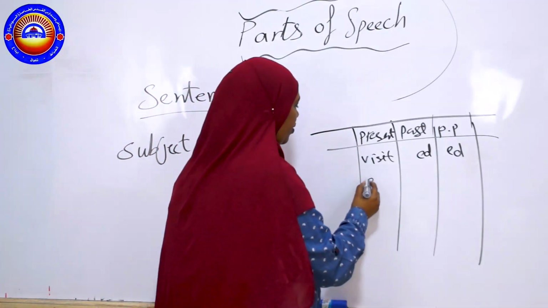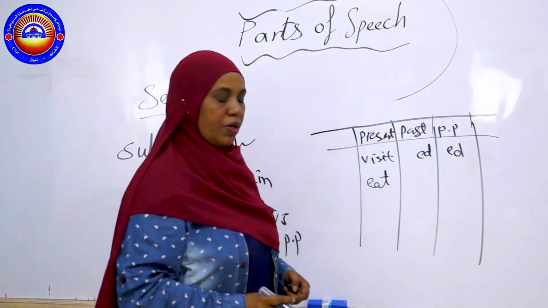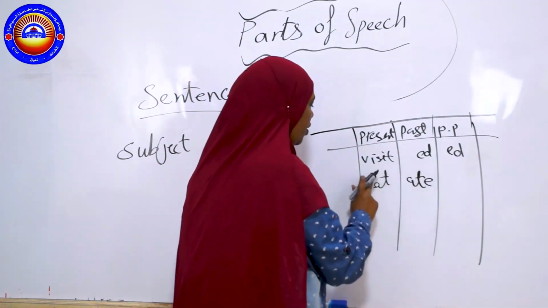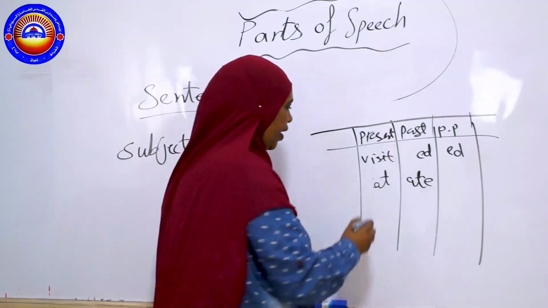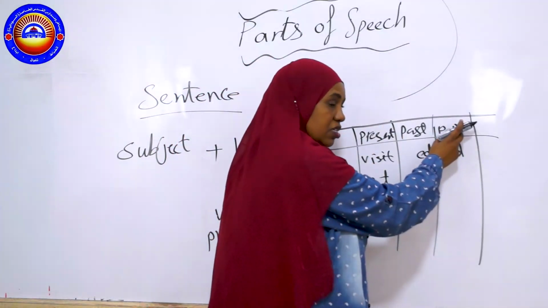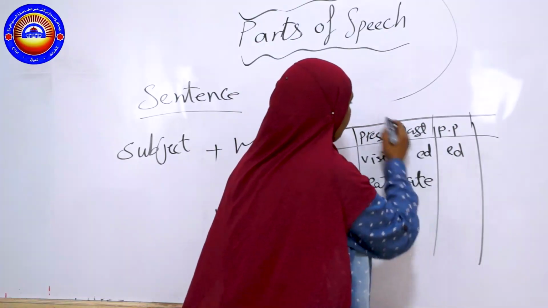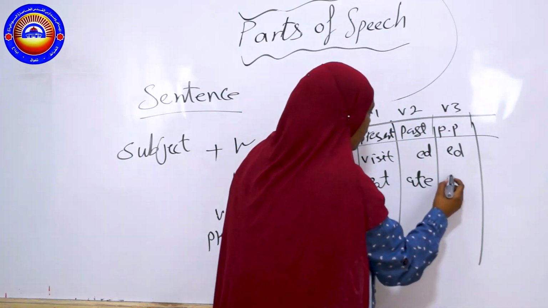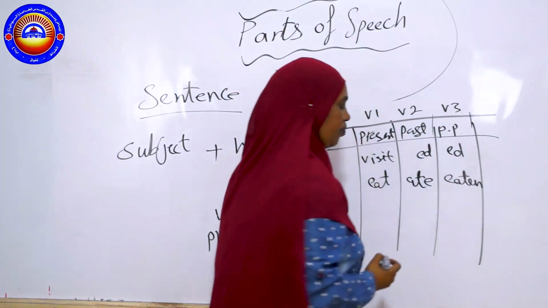But look at this one. There is a problem here when it is in the past. The e comes from its place and comes at the end. And it's going to be changed again when it is in verb 3. So it will be eaten.